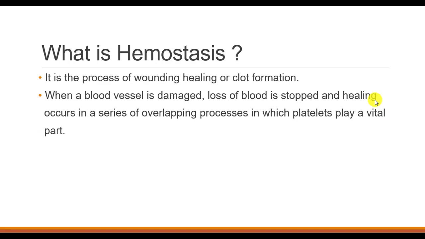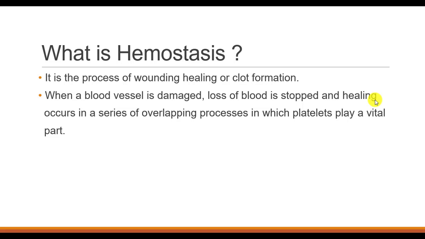If I move to my next slide, I want to talk about what hemostasis is. Hemostasis is essentially a process of wound healing or clot formation. As I briefed you before in my introduction, it is basically a healing process, a clot formation process. Whenever you prick your finger, you see that blood starts coming out of that area.